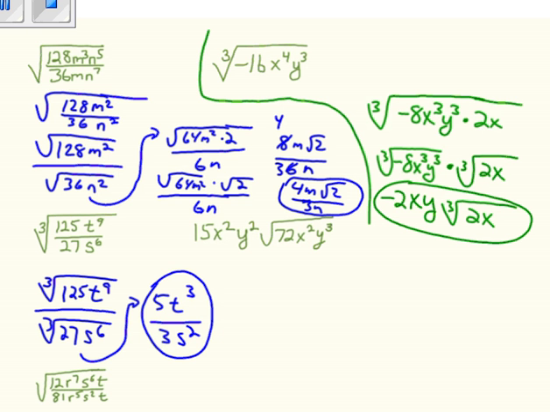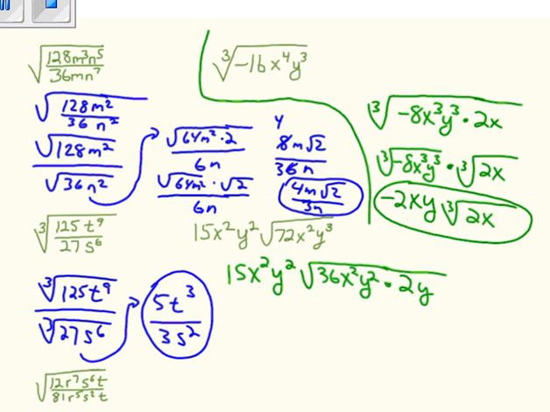All right, so let's look at this one here. 15x squared y squared times root 72 x squared y cubed, so back to square roots. What is the largest perfect square factor of 72? 36. Good. x squared is a perfect square, y squared, and then what's left? 2y.